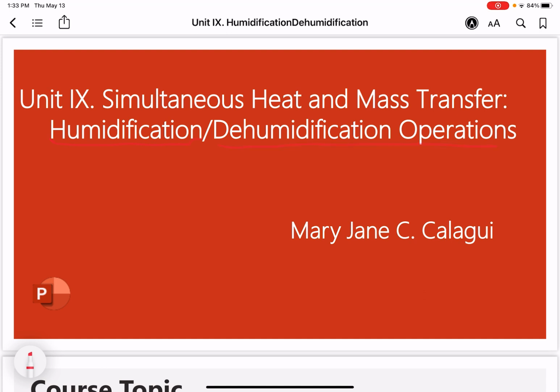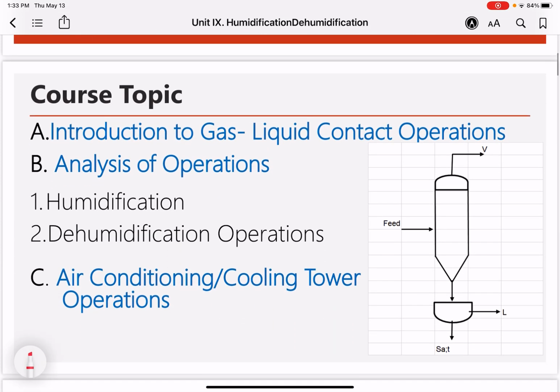So we are to tackle in this topic an introduction to gas-liquid contact operations, the analysis of operations involving humidification, dehumidification operations, and of course your air conditioning or AC operations. After finishing this module, you should be able to discuss and explain the principles of humidification and dehumidification.